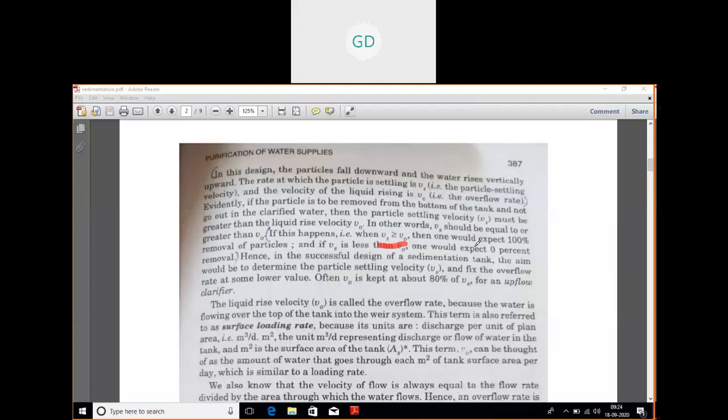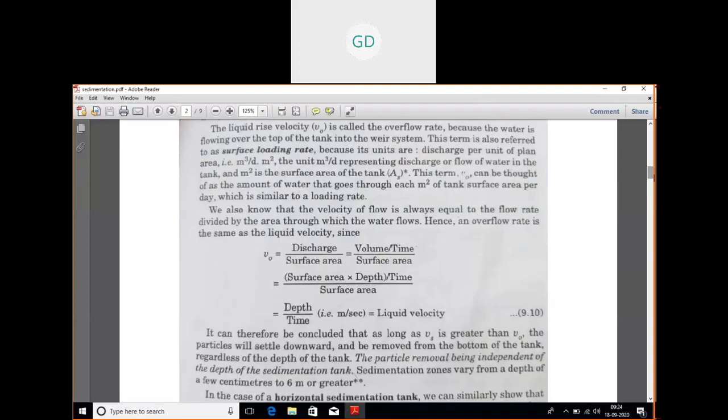Okay, so next you write down. Actually, you need to write down these points. This one you write down: overflow rate formula. This is V naught is equal to discharge by surface area. Discharge is again equal to volume by time.